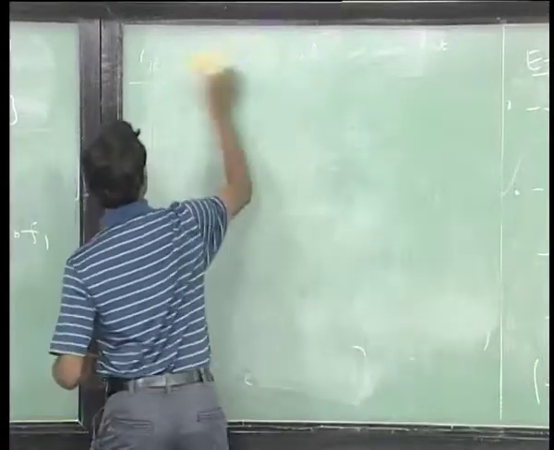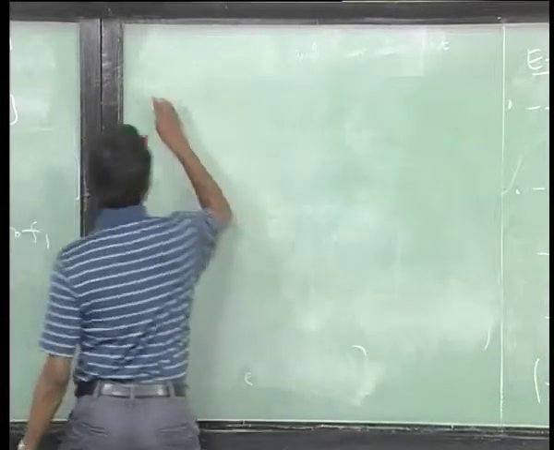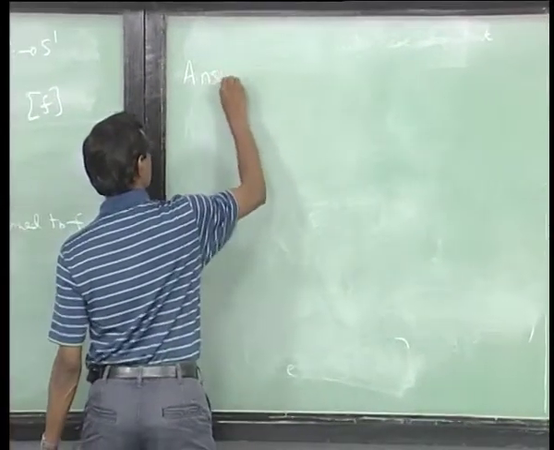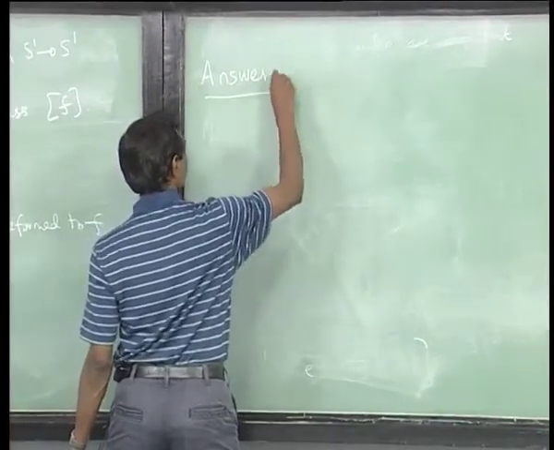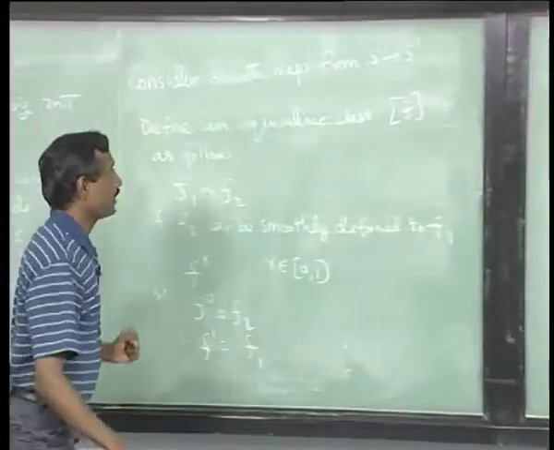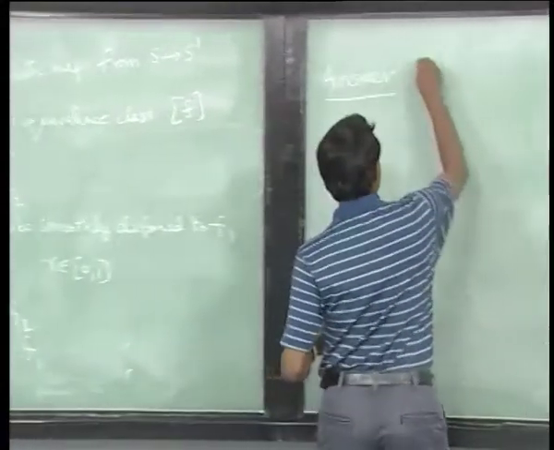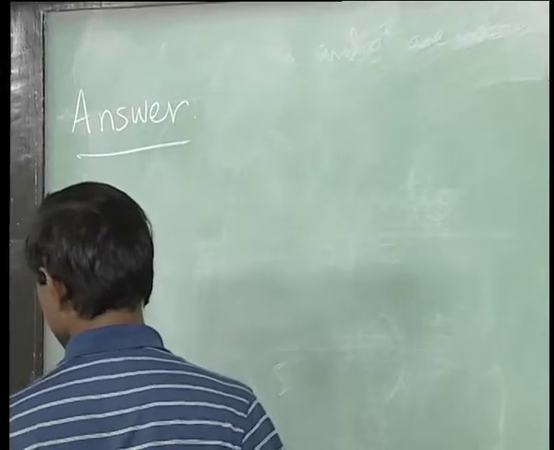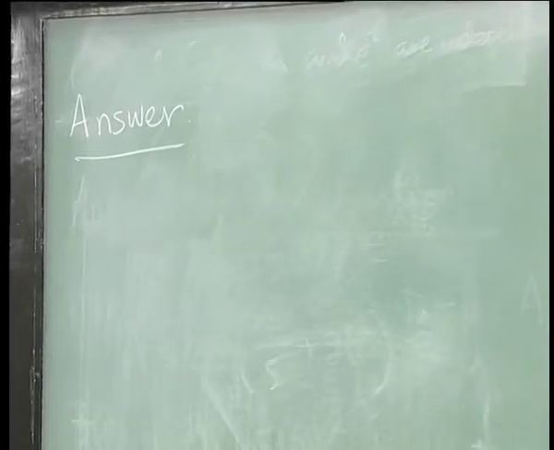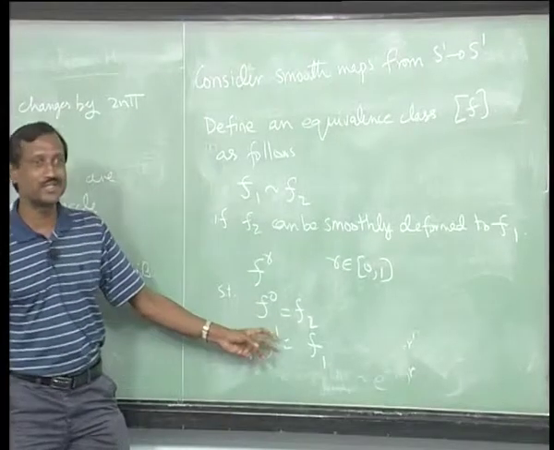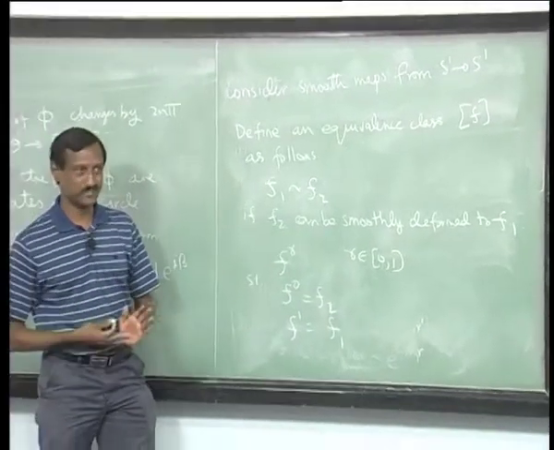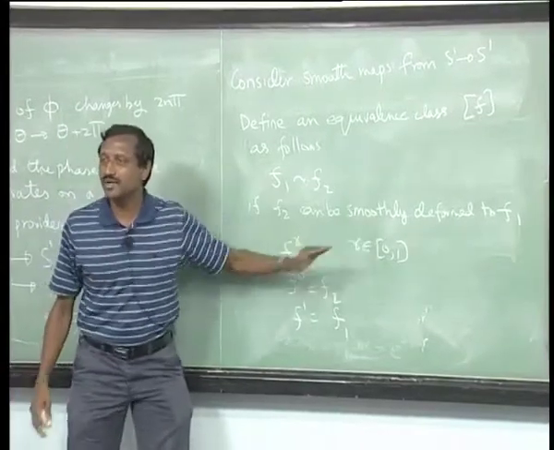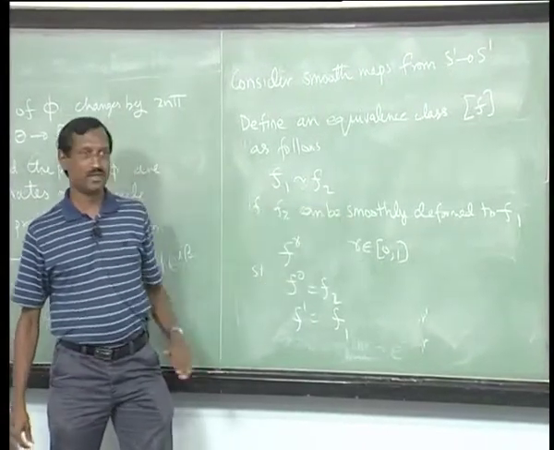So, if this condition holds, the maps are called homotopically equivalent. That is a mathematical term, but from our viewpoint it just means that they are mapped to each other.